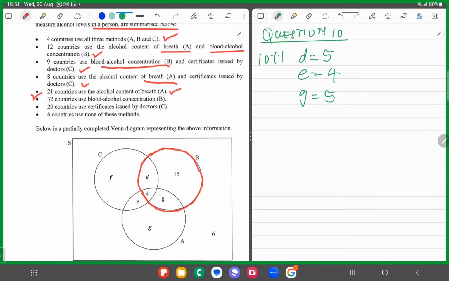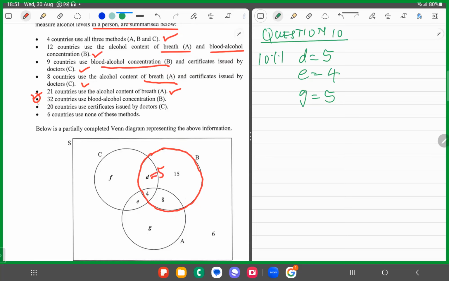What is 4 plus 8? 4 plus 8 is 12. 12 plus 15 is 27. If it's 27, what do we add to 27 to get 32? We can add only 5. We have already got D anyway; we got it earlier.